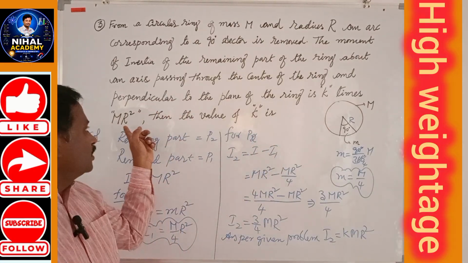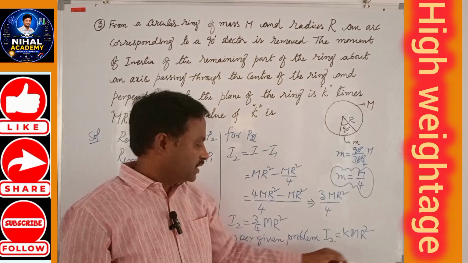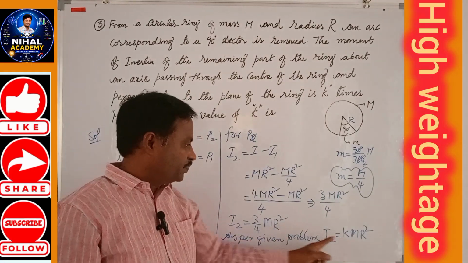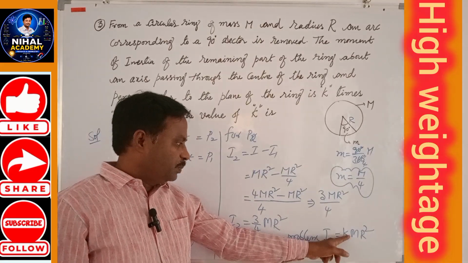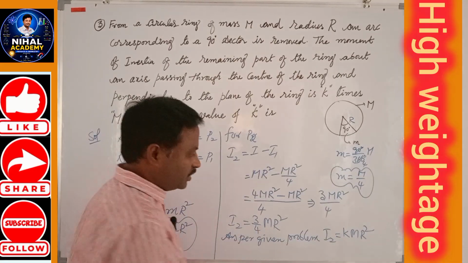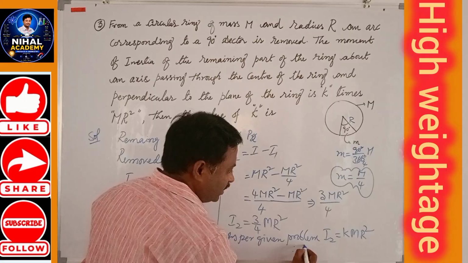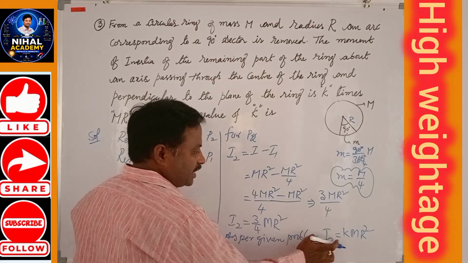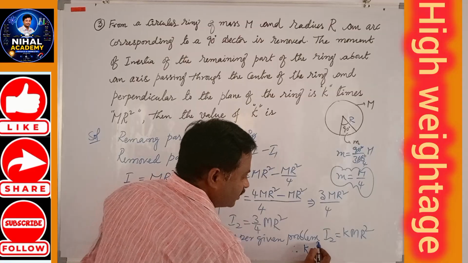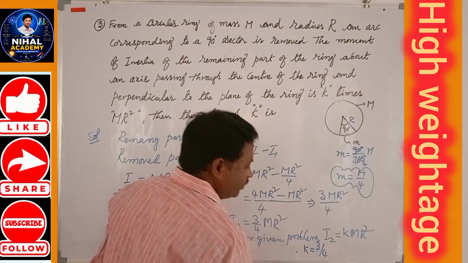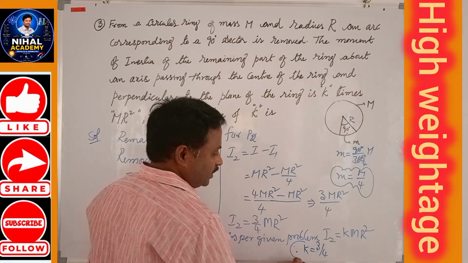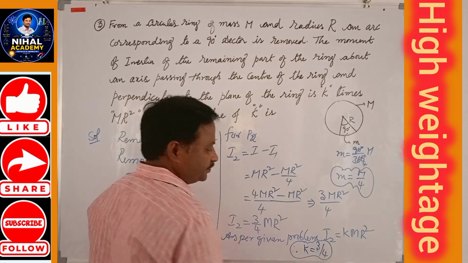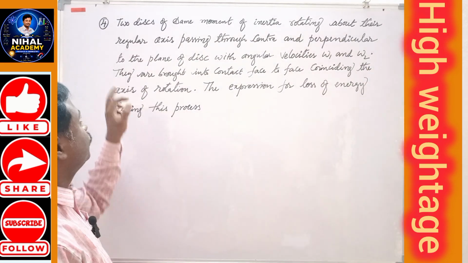Now compare these two. In the place of k, 3 by 4. So by comparison, k is equal to 3 by 4. So the k value is 3 by 4. And now we will see the fourth question.